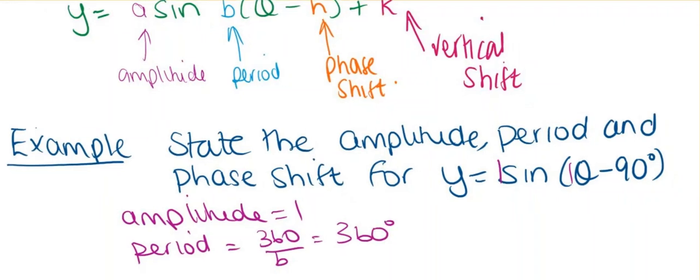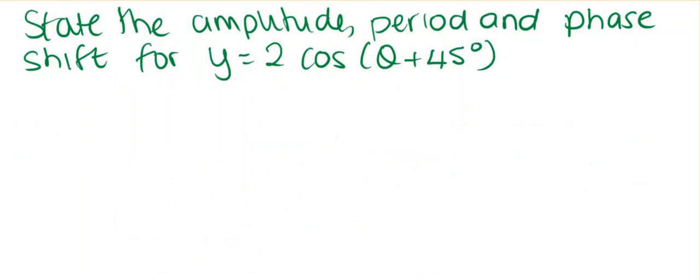And the phase shift is minus 90, so it goes in the opposite direction, so it's going to be positive. It's going to have a phase shift to the right by 90 degrees.